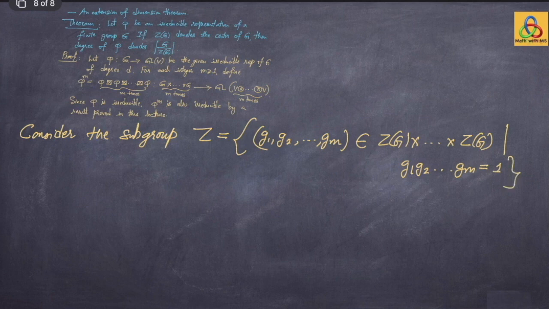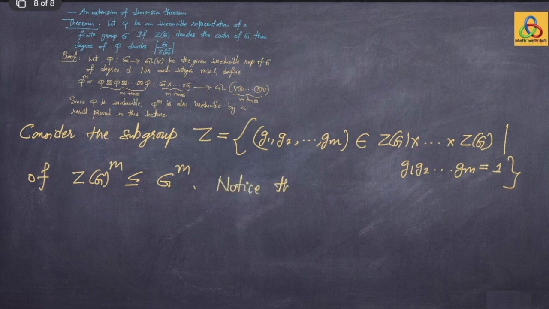Okay, it can easily be checked that it's a normal subgroup of G times G, m copies. In fact, it's a normal subgroup of the center, the mth power of the center.